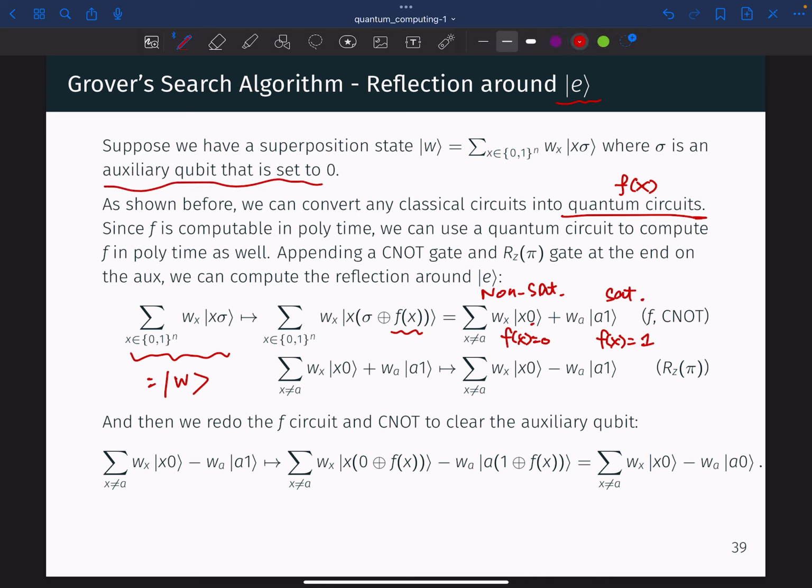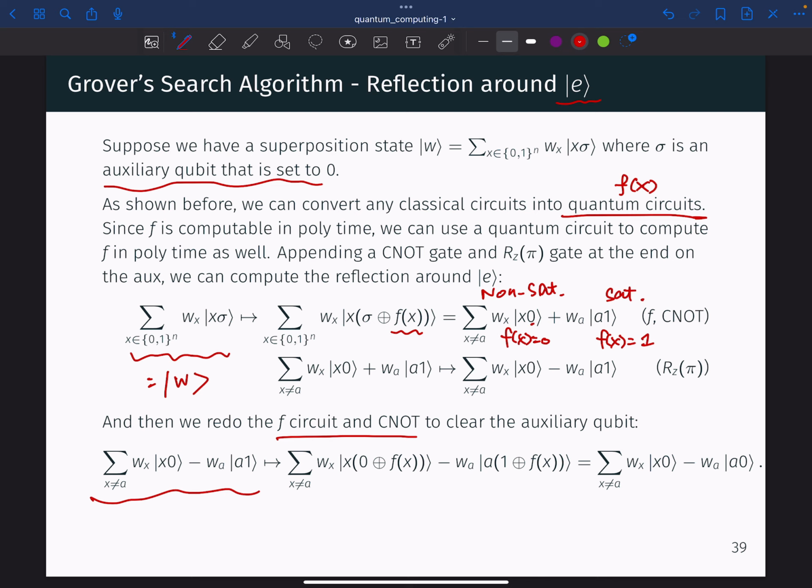Given the state here, we can just do the first step again: computing the SAT circuit f and applying it to the auxiliary bit using C0.